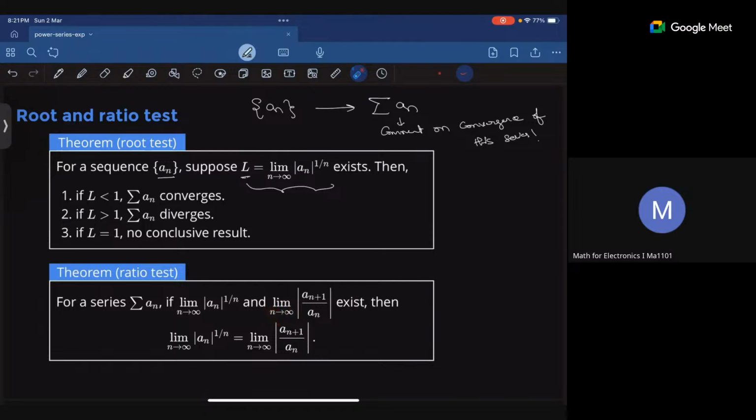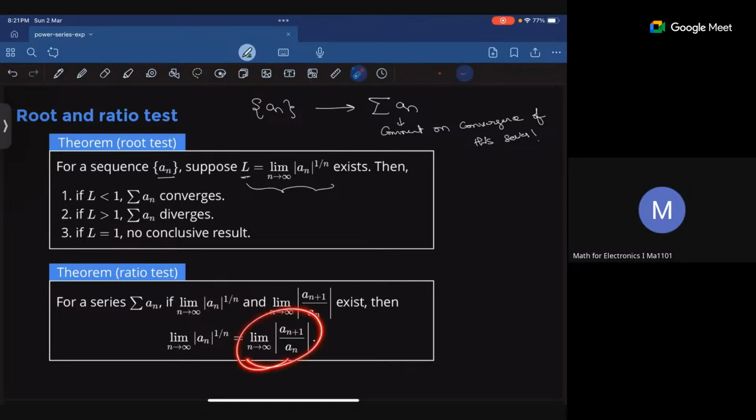If both limits exist, the theorem says that both limits are the same. So instead of computing this limit, we compute that limit, and the conclusions stay the same.